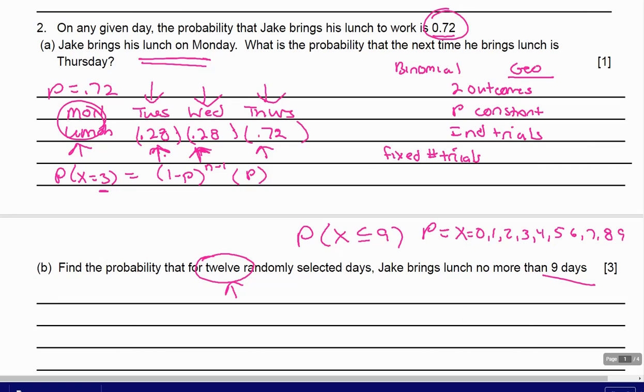Is that true? Or I can do 1 minus the probability of X equaling 10 and 11 and 12. Which one do you want to do? So, how do I figure out this, 10, 11, and 12?